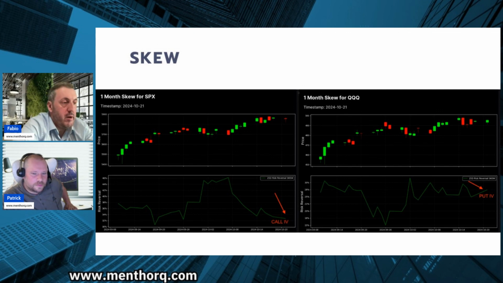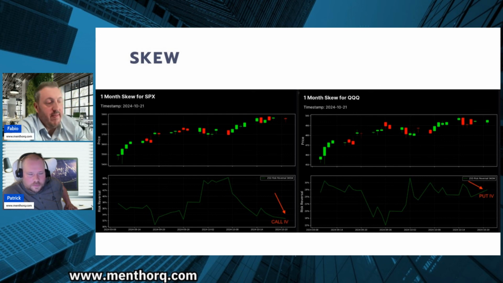So I think the reason why I looked at this this morning is because we are going to prepare a session later on Tesla, right? So it's interesting to see how the market is repositioning differently on two assets that are highly correlated, but actually kind of opposite. The QQQ is very tech focused. So this is interesting because a lot of participants are now bidding more on puts on the QQQ, but not on the SPX.